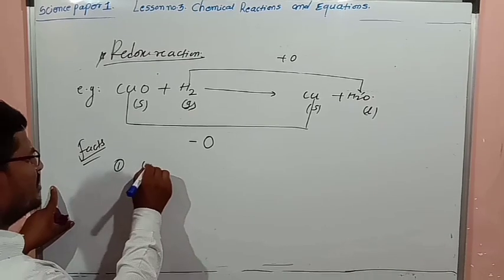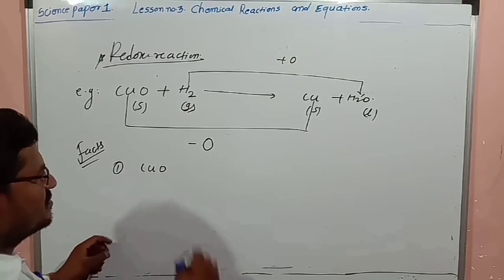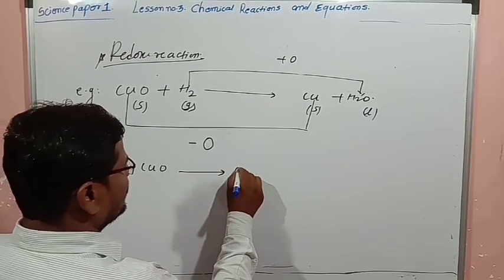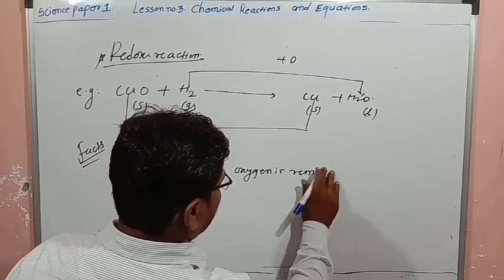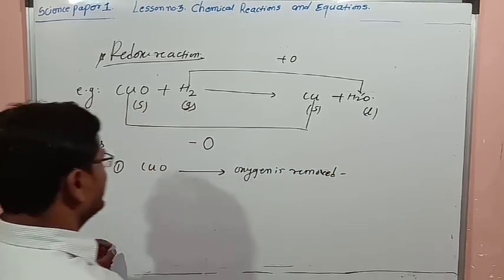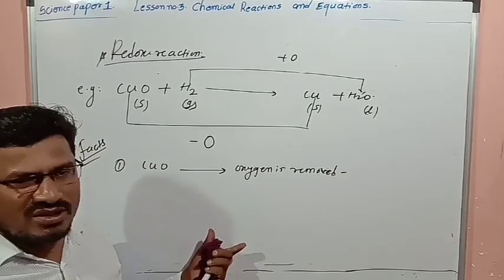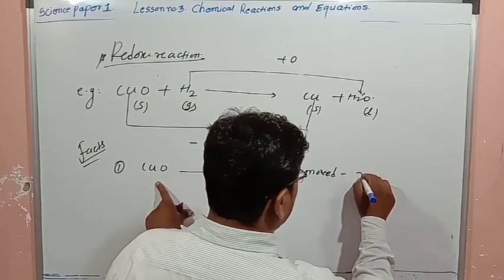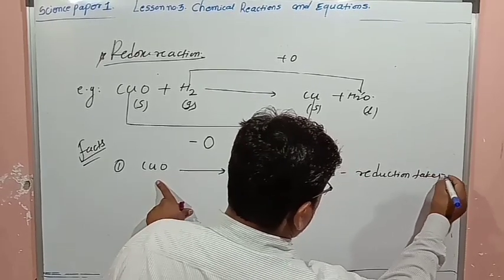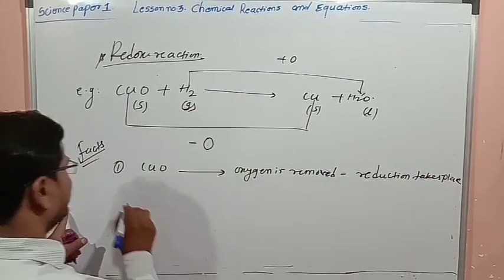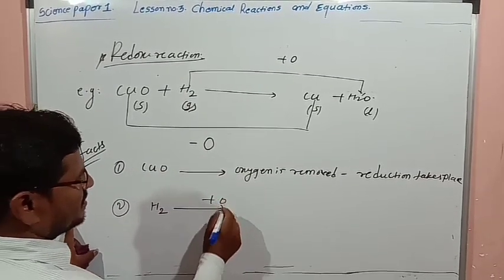In case of CuO, oxygen is removed from CuO. Copper loses oxygen, so here reduction takes place. And the second thing is, in case of hydrogen, O is added.